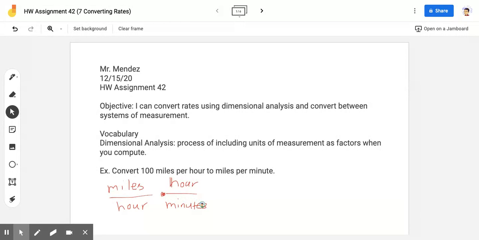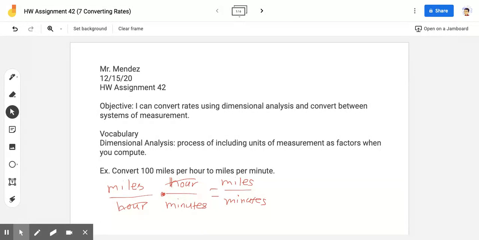When I multiply these two together, I will be able to cancel out our hour, and I'll be left with just miles over minutes, and that's what I would want.